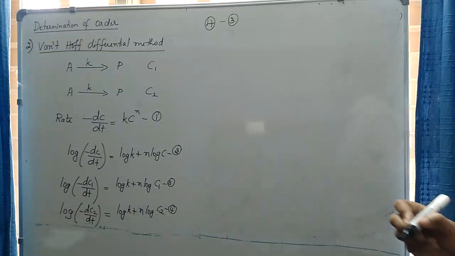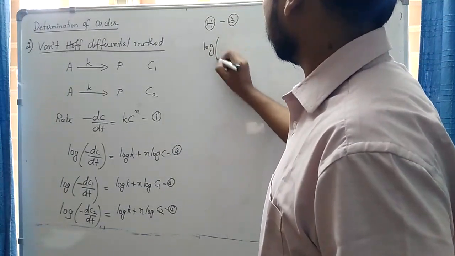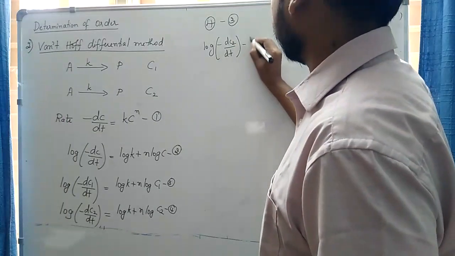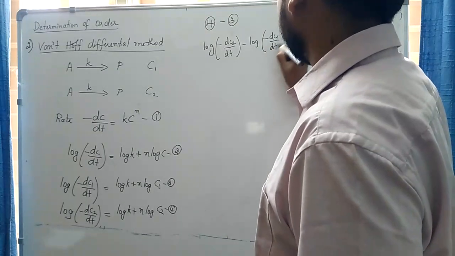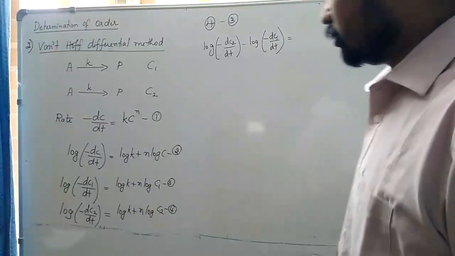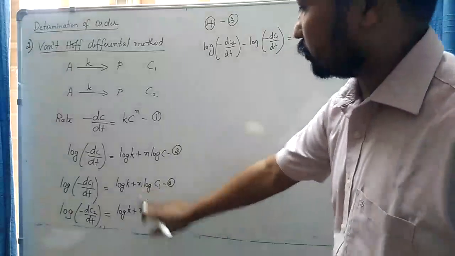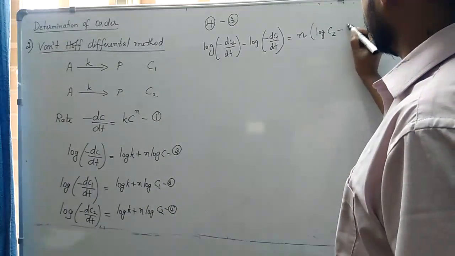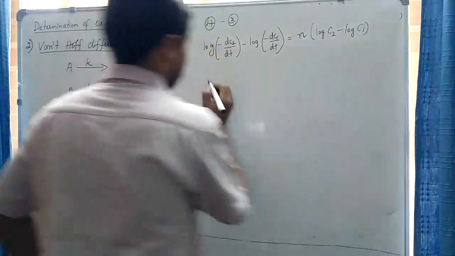Equation 4 minus equation 3 gives log(-dC2/dt) - log(-dC1/dt) = log K - log K, which becomes 0, plus n, a common factor, into log C2 - log C1.